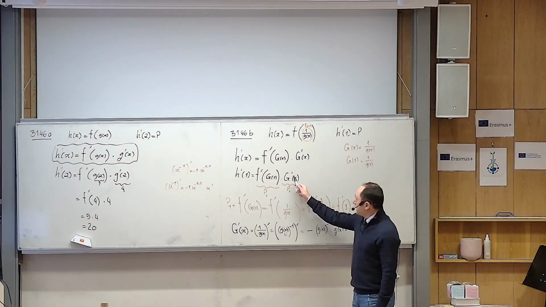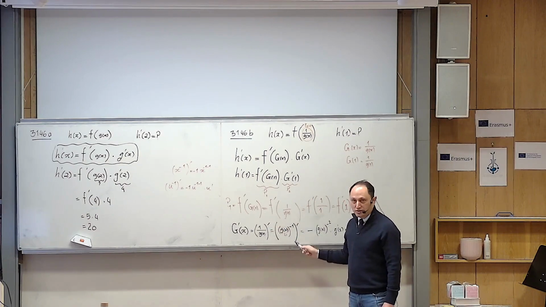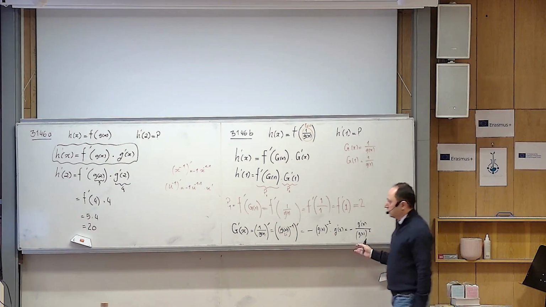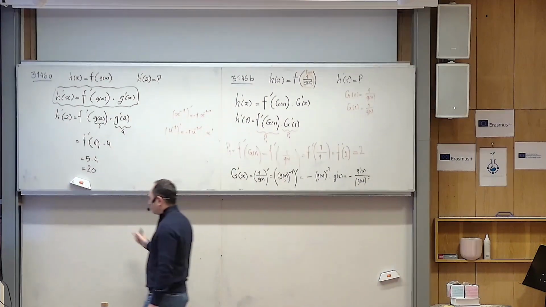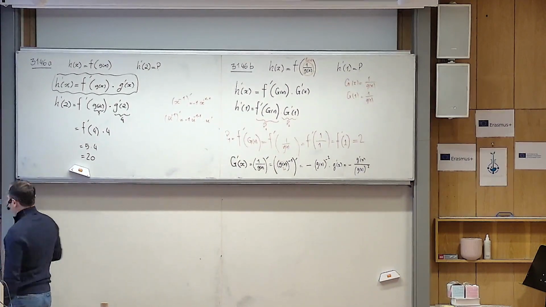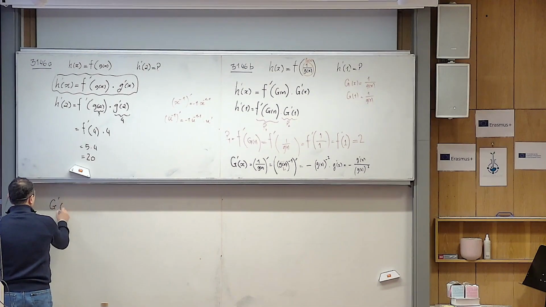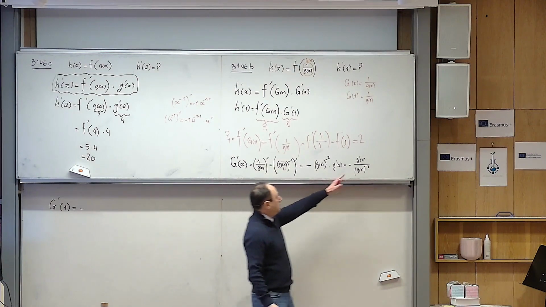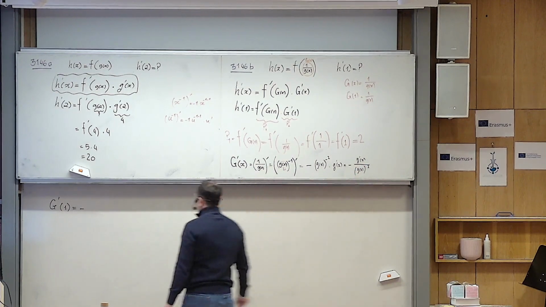I am supposed to calculate g prime of 1. That is the first step in my algorithm. The second step is to replace x with 1. So I go here. Capital G prime of 1 is equal to, I have a minus sign here, and then I replace x with 1.